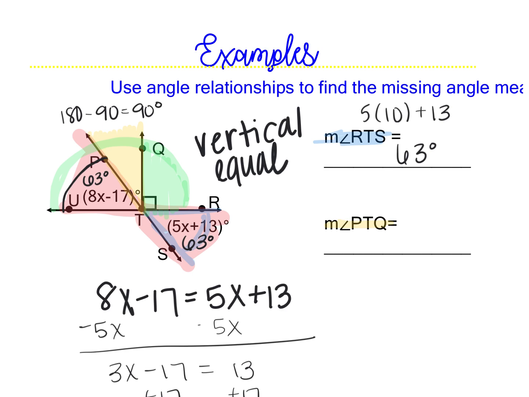So if I do a little erasing, I know over here that together these two angles should add up to be 90, and this angle is 63. So if I want to find PTQ, I'm just going to take 90 minus 63, and that's 27.